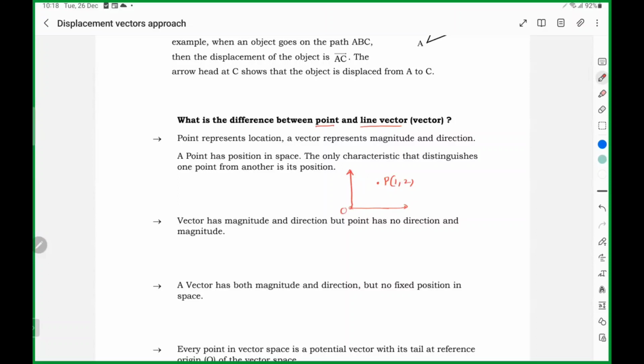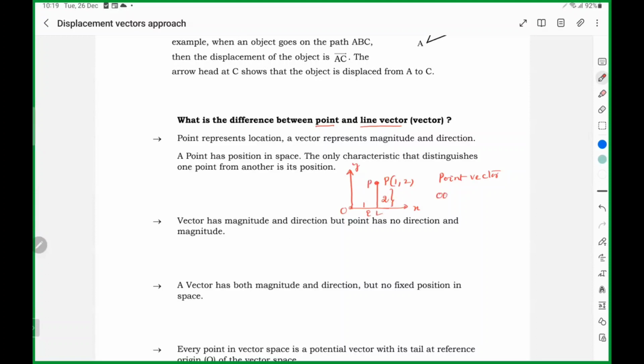That means with respect to this reference point, horizontally at 1 unit distance, vertically at 2 units distance. Here, point vector: for 1 unit along x-axis, I write i. 1 unit along y-axis, I will write j.